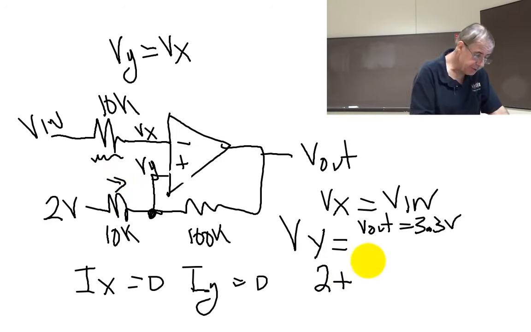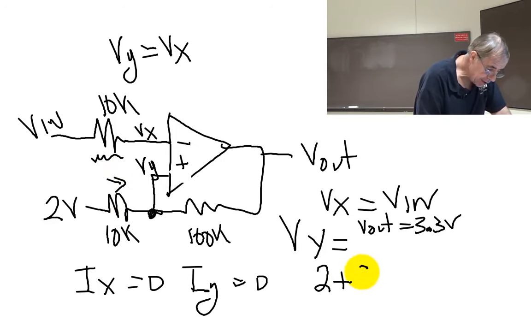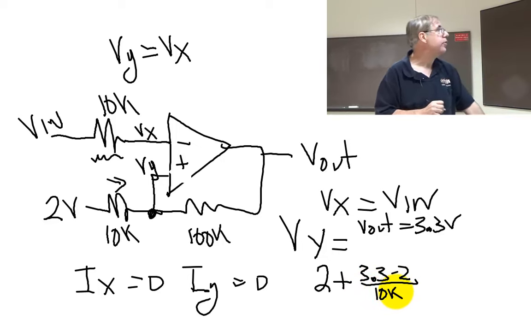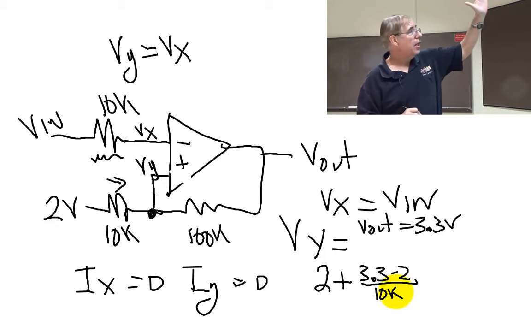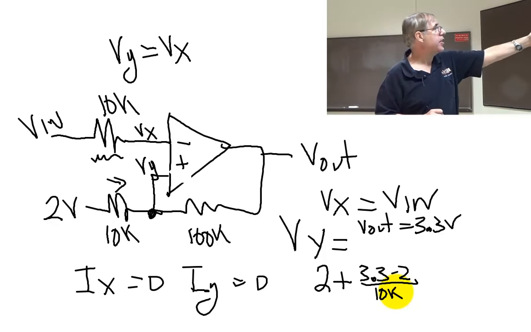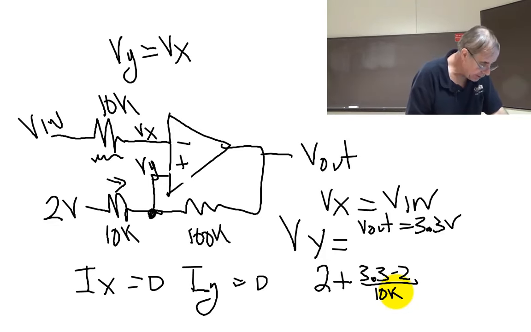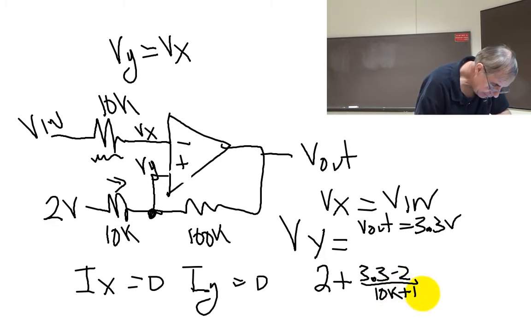The current through this resistor is 3.3 volts minus 2 volts over 10K. That's the current through that resistor. And then I'm going to multiply that times the 10K, oh no, plus 100K, sorry. Times 10K.